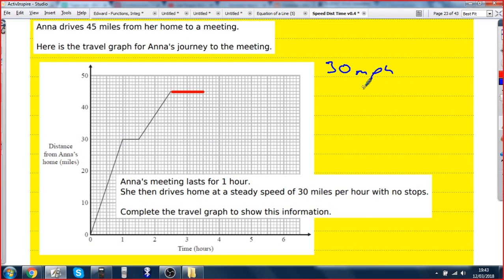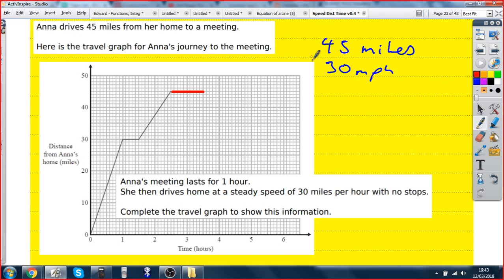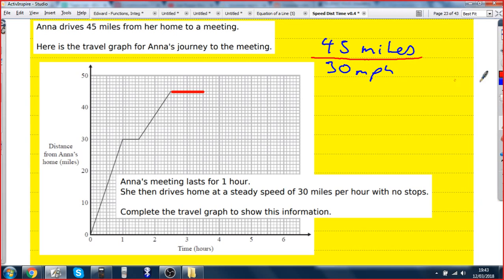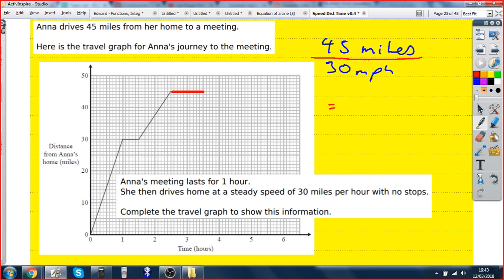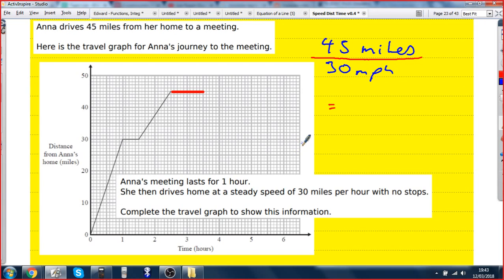Oh yeah, 45. So you divide them. I think this is non-calc.